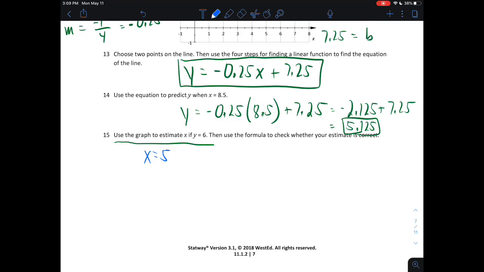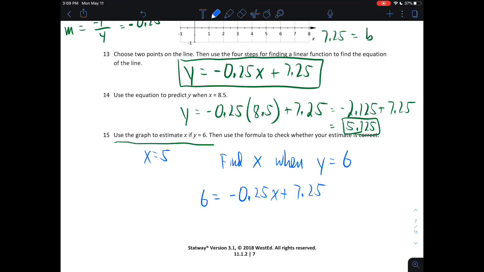What this means is find x when y is equal to 6, which is the opposite of what we just did in number 14. I'm going to take my equation and replace y with 6. So I have 6 equals negative 0.25x plus 7.25.